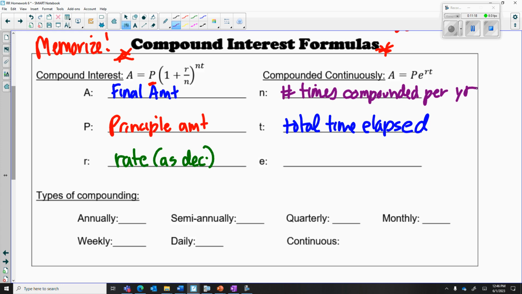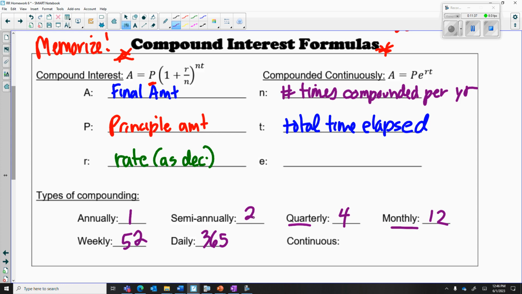So let's say we're talking about annually, that means once a year. If we're talking about quarterly, which is common, that's 4 times a year. And monthly is 12 times a year. If they said weekly, it would be 52 times a year. Daily, 365. Semi-annually would be twice a year.